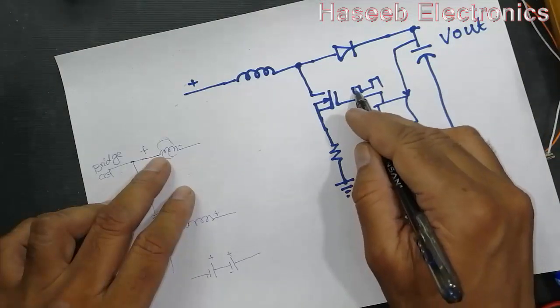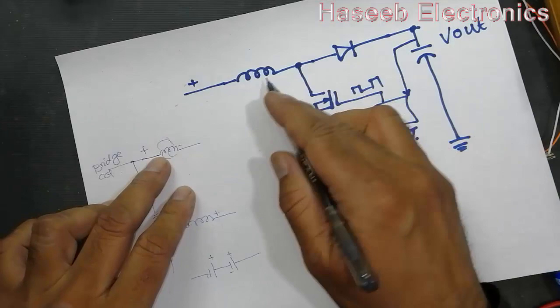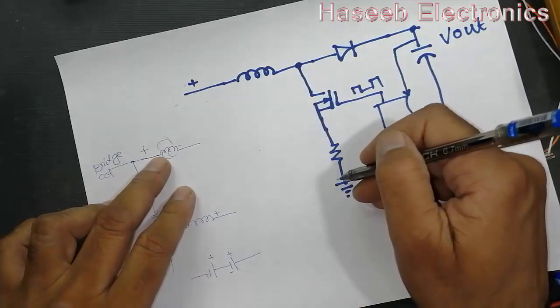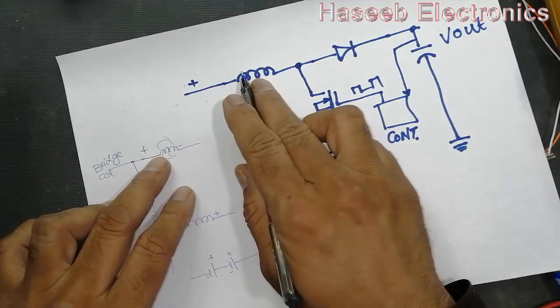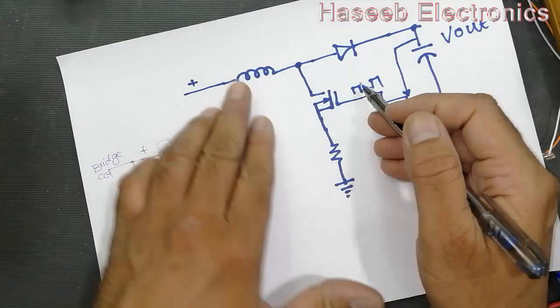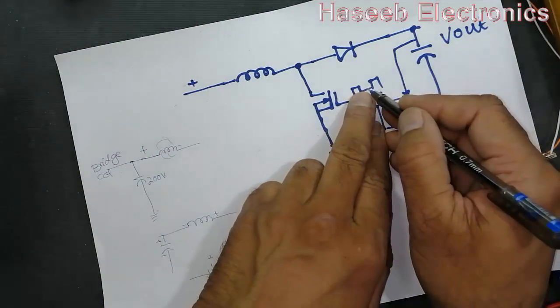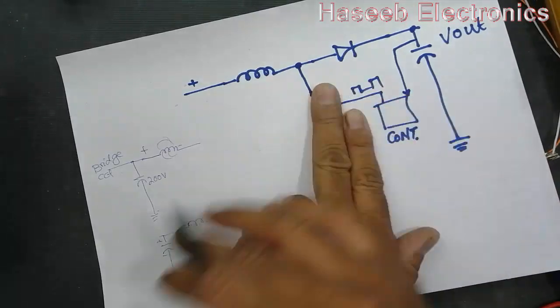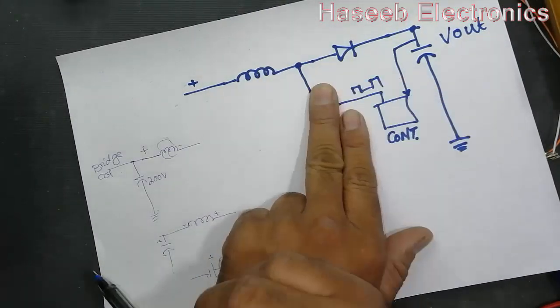We applied a drive pulse and it caused a heavy current to flow in this path. So it will induce a magnetic field in this coil. When this magnetic field is built up and the drive pulse is stopped, now the off time has started, so this switch is open. So the magnetic field will collapse.